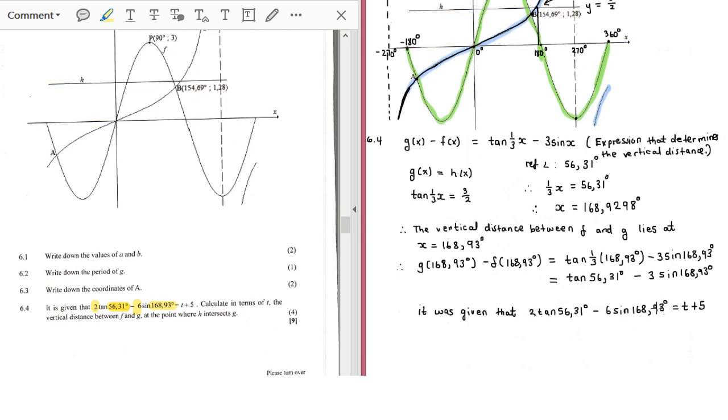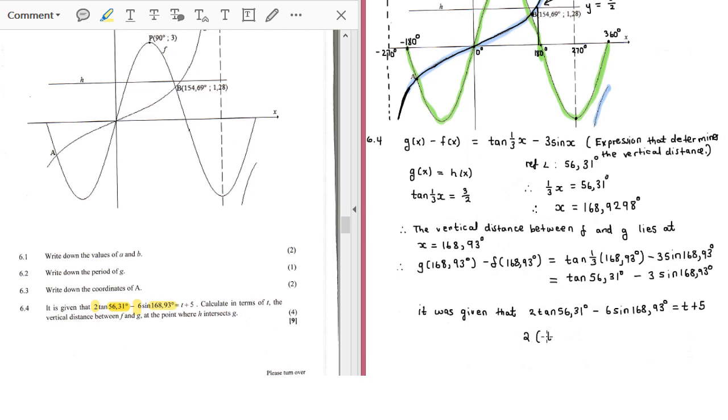Now we notice that this first part is related to the vertical distance. What did they want us to do? They wanted us to calculate the vertical distance in terms of t. This is the only place where t shows up, so we need to make this part of the given equation look exactly like what we have above, and we can do that by taking out a common factor of 2.